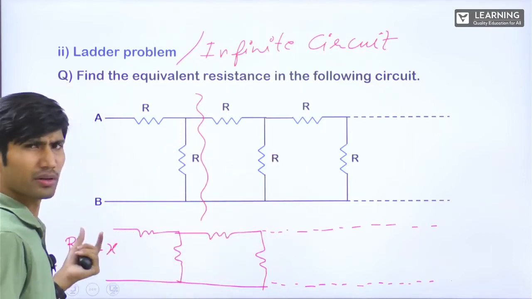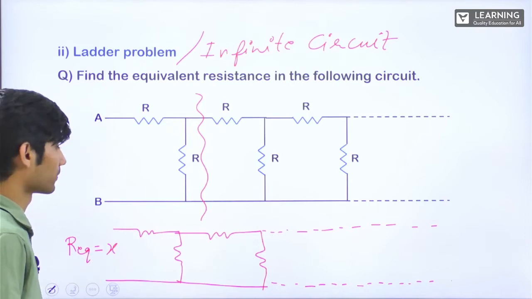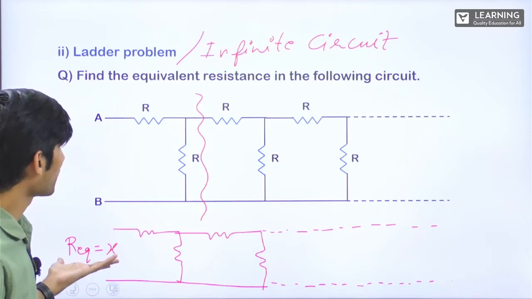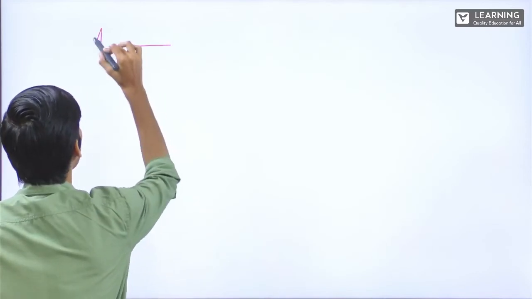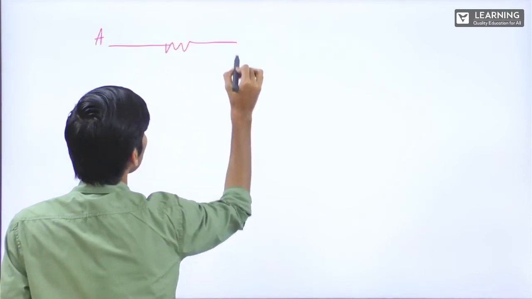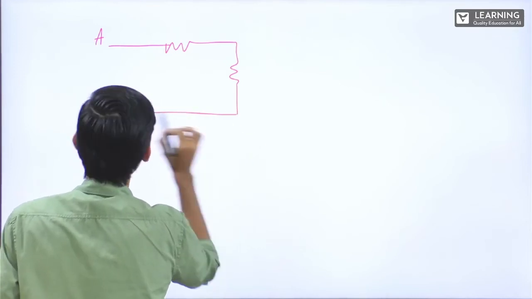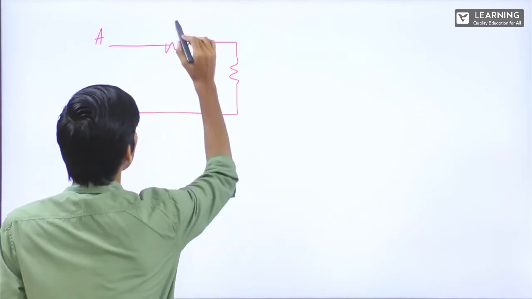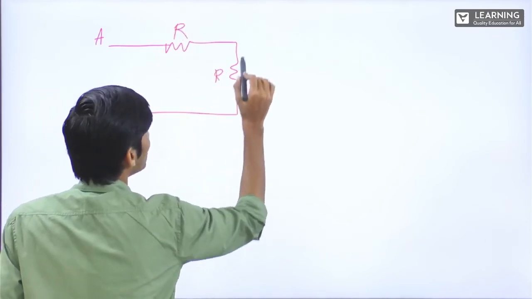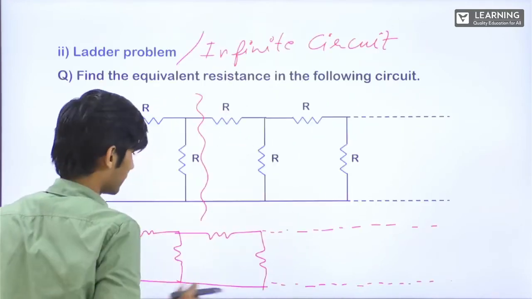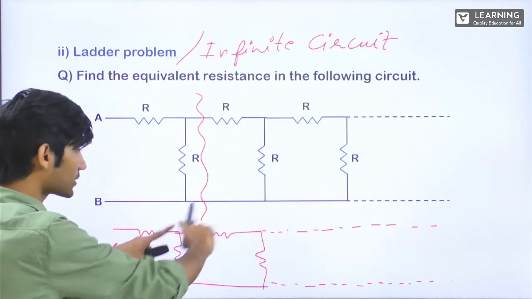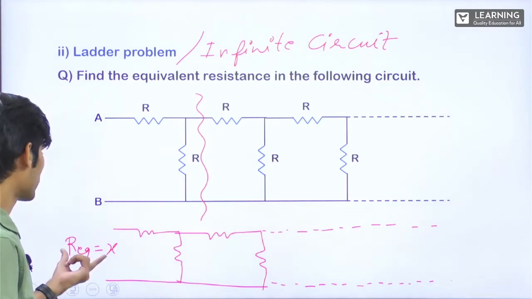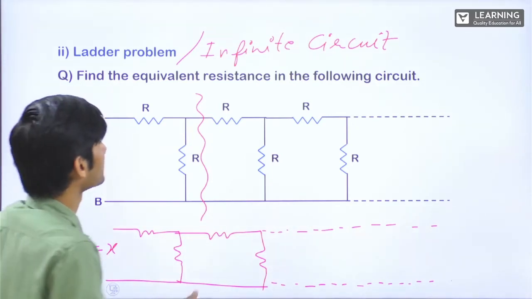But if you want, you can let it be R equivalent also. Fine. Now what to do? See here. This is A. There is a resistance here. This is B. This is R. This is R. There was one entire circuit there, the resistance of which I have assumed as R equivalent or x. Fine.